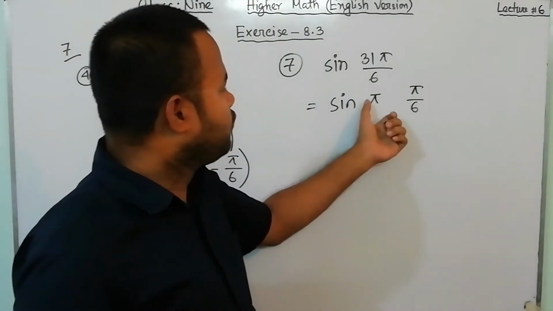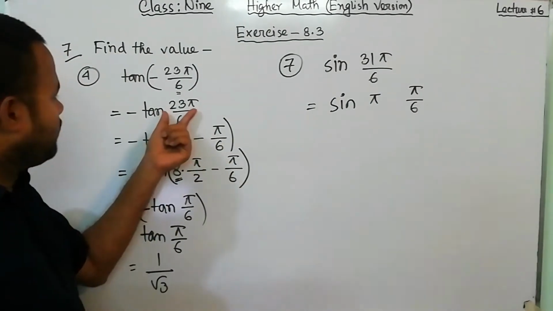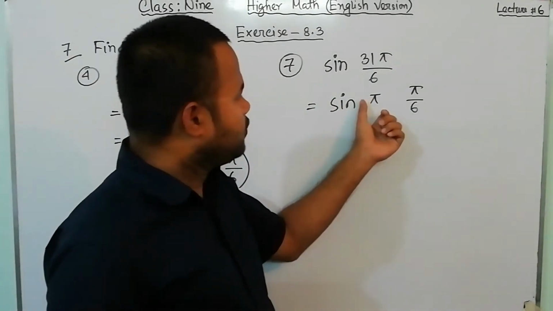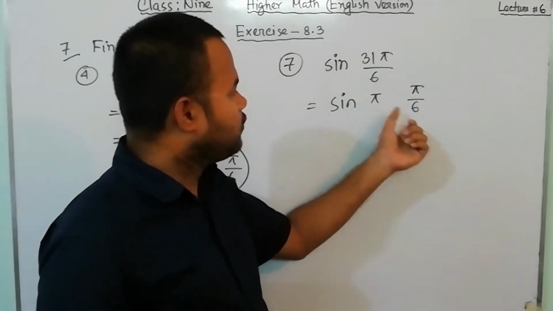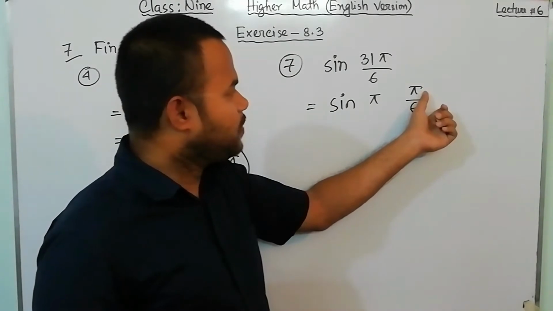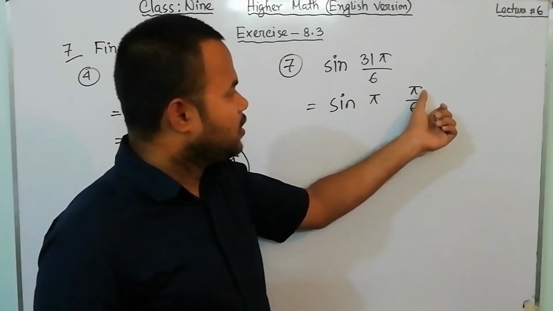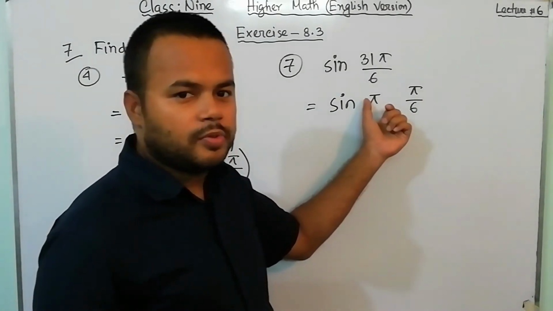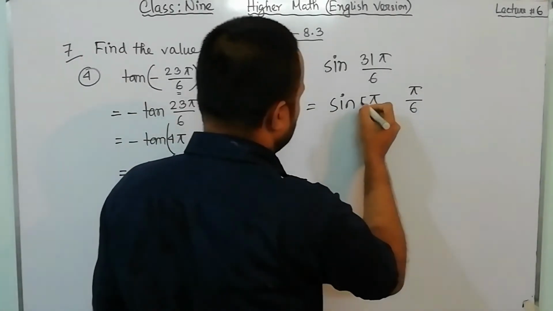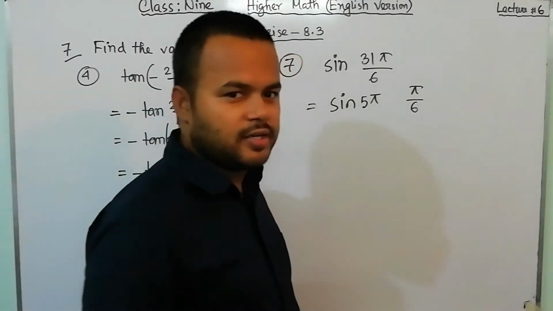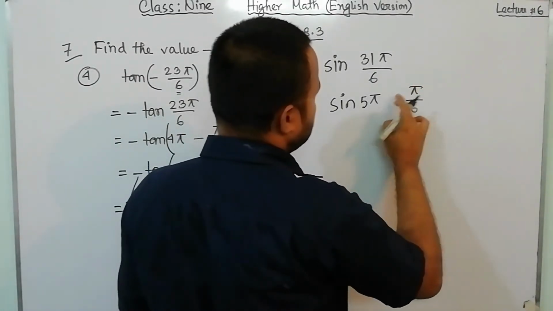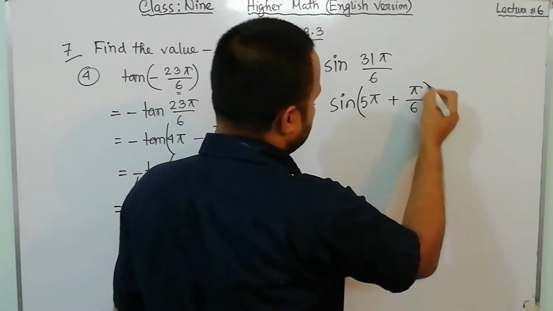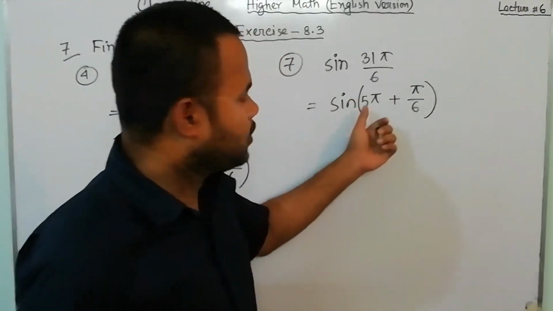If we put 4 here, then we have 24, plus, if we do plus, then here we have 25. Now if we put 5 here, then we have 5 times 6, that is 30, and if we add this term, then we have 31. So we have to put 5 here.